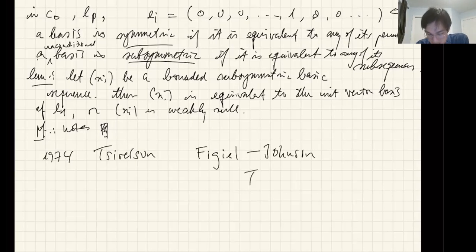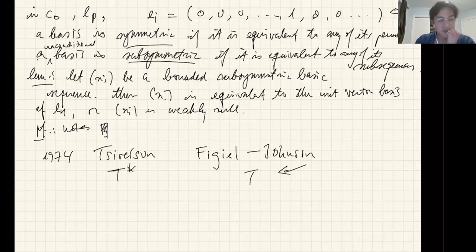Nowadays we call this space T, Tsirelson space, and that's what we're going to construct. Tsirelson's original space is usually denoted T star, just because this one's a lot easier to work with. So we're going to construct T in this video.